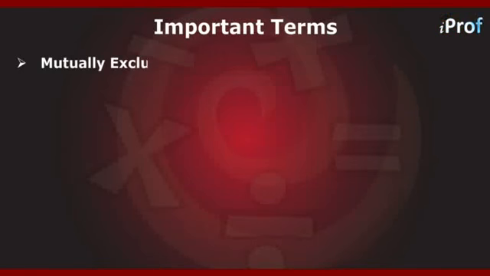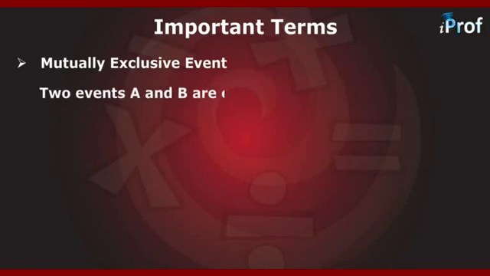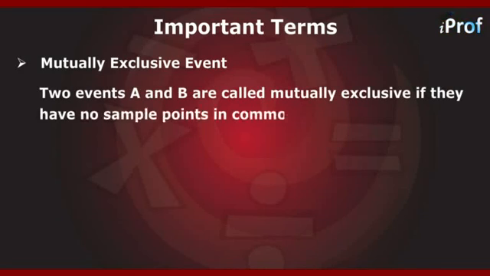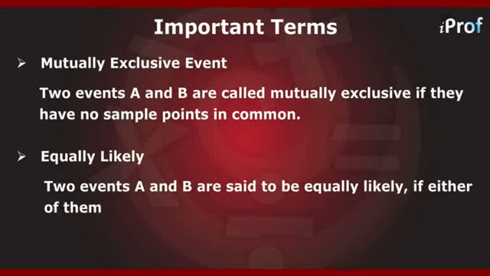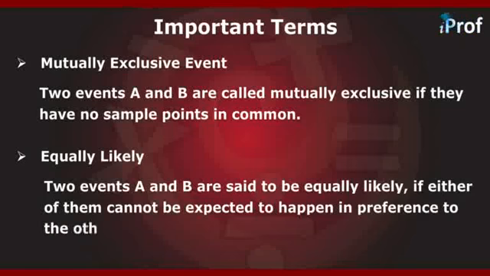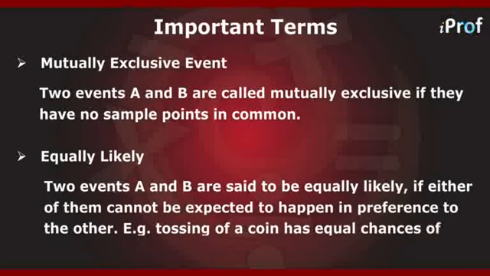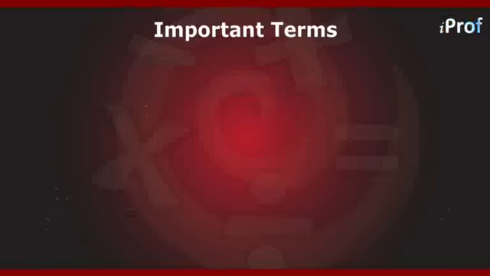The mutually exclusive event: 2 events A and B are called mutually exclusive if they have no sample points in common. And equally likely: 2 events A and B are said to be equally likely if either of them cannot be expected to happen in preference to the other. Example, tossing of a coin has equal chances of getting a head or a tail.